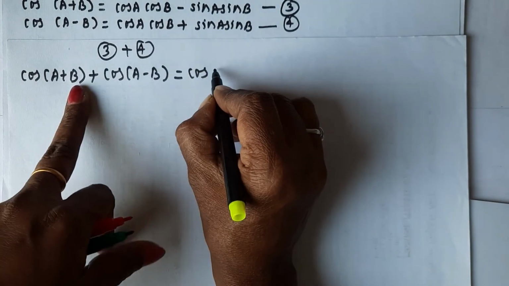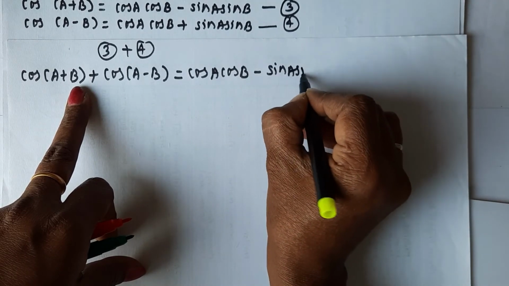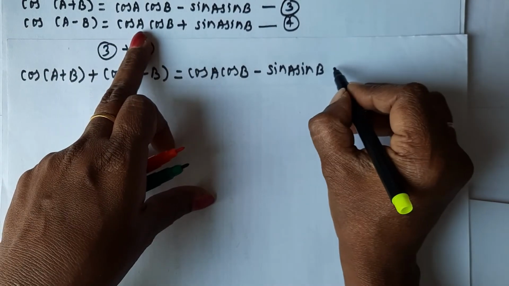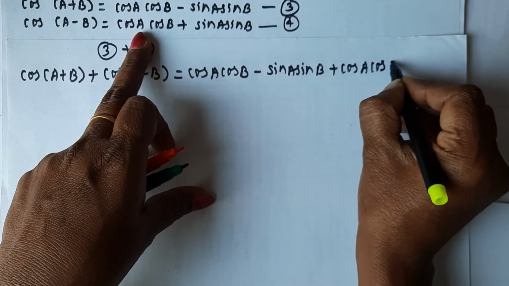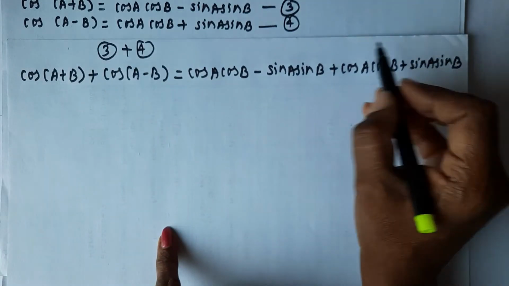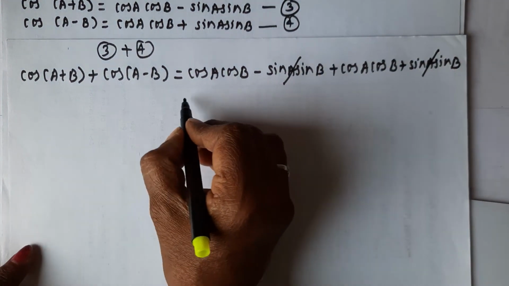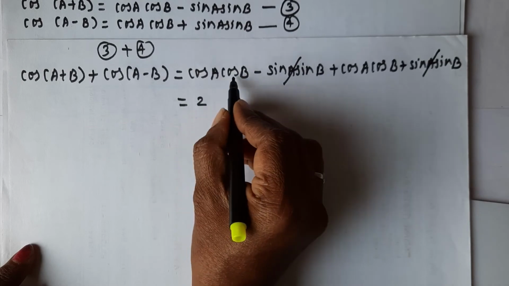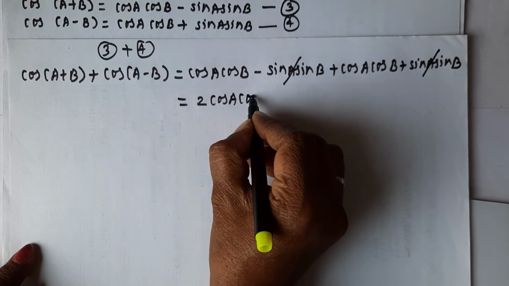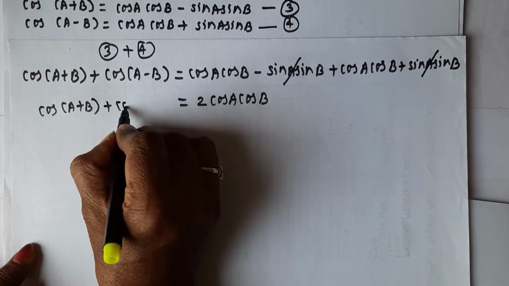The value of cos(A+B) is cos A cos B minus sin A sin B, and the value of cos(A-B) is cos A cos B plus sin A sin B. Now these minus sin A sin B and plus sin A sin B will get cancelled, and this will be cos A cos B plus cos A cos B, 2 times cos A cos B. And the left hand side as it is.